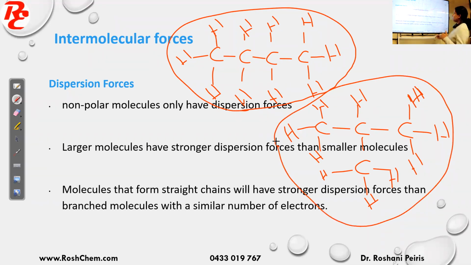So the unbranched or straight chain molecule can form stronger dispersion forces than the branched one, right? From that, I can compare the boiling or melting points. So straight chain molecules will have higher boiling points than the branched ones because they make stronger dispersion forces.